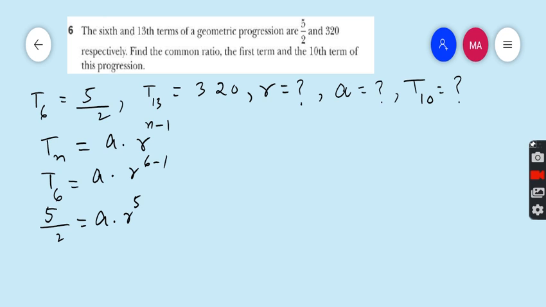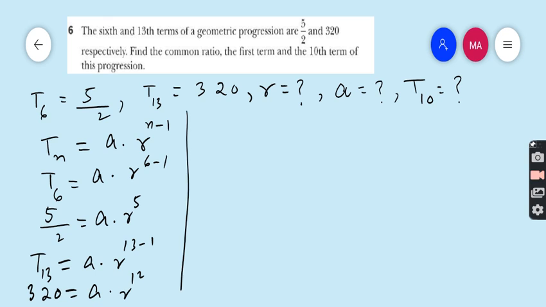Now we find T13. T13 is a dot r to the power 13 minus 1. T13 is given as 320, so a r^12 equals 320. So we have two equations, equation number 1 and equation number 2.